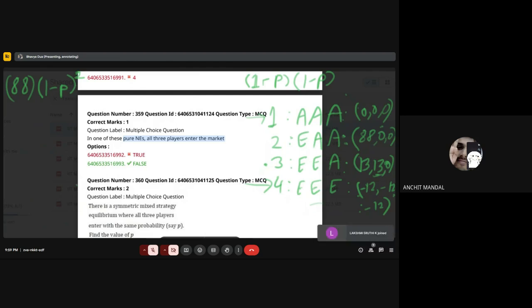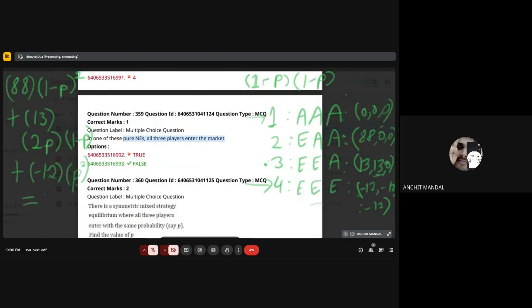Fair enough. Moving on. Next up, we add the payoff from the second game, which is 13. Now, with what probability do I get 13? 2 firms entered, so P plus P, and 1 firm still stays away, so 1 minus P. And finally, a payoff of minus 12 when both the other firms enter the market.